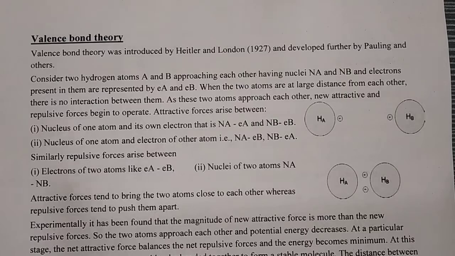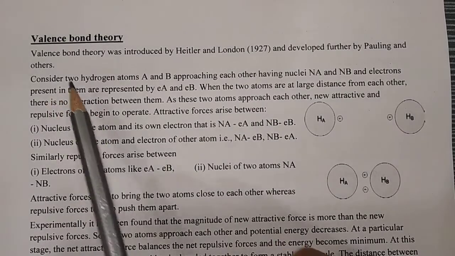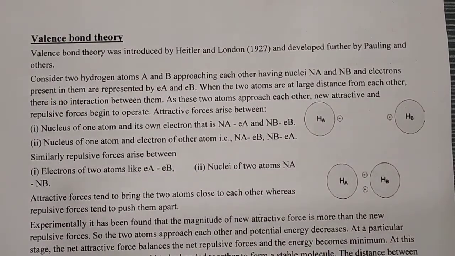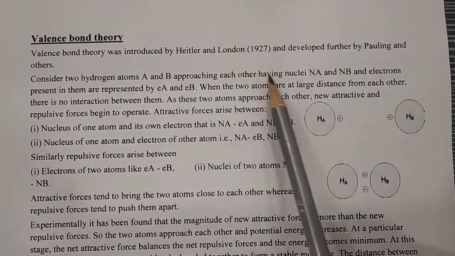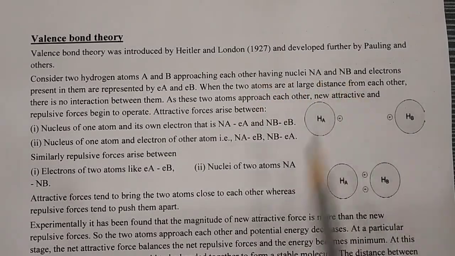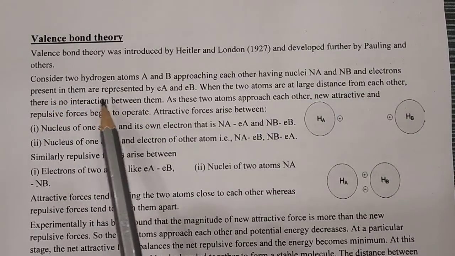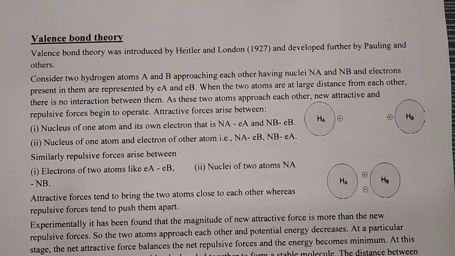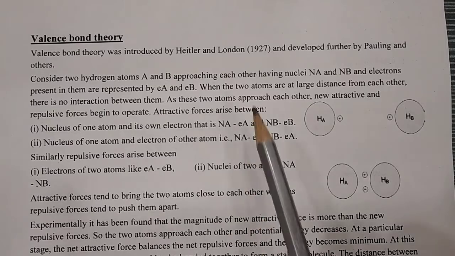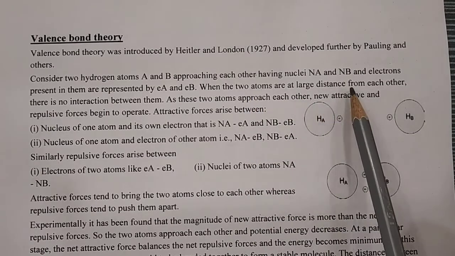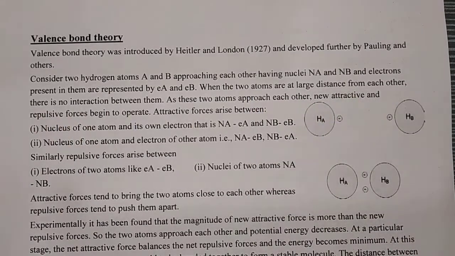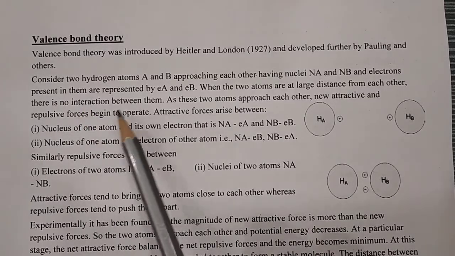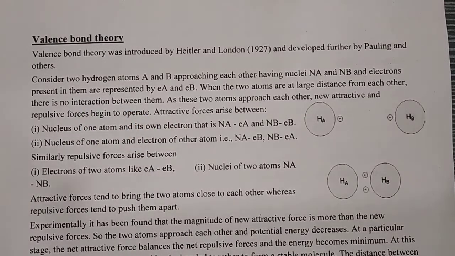Let's start with the theory. Consider two hydrogen atoms A and B approaching each other, having nuclei Na and Nb and electrons present in them represented by Ea and Eb. When two atoms are at a large distance from each other, there is no interaction between them. When they are very far from each other, there will be no interactions.